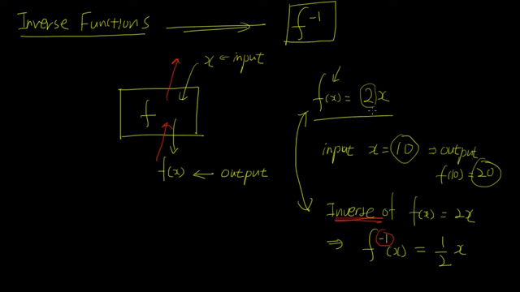But you get the idea, right? If a function multiplies by 2, then the inverse function goes the reverse way, so it'll divide by 2. If a function is adding 1, the reverse of adding 1 would be subtracting 1.